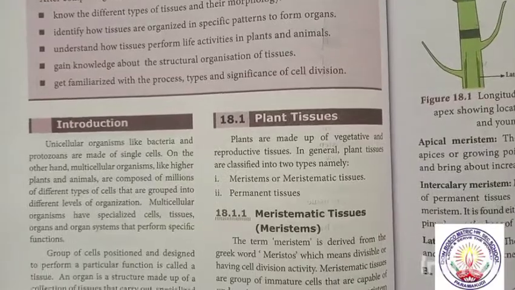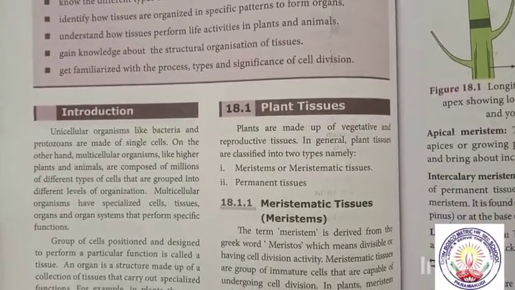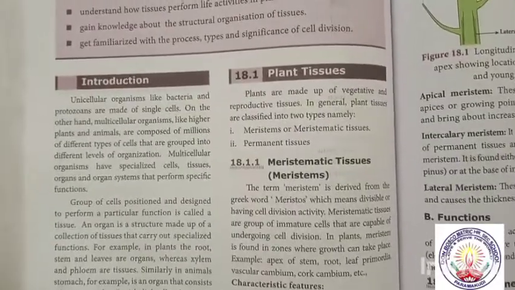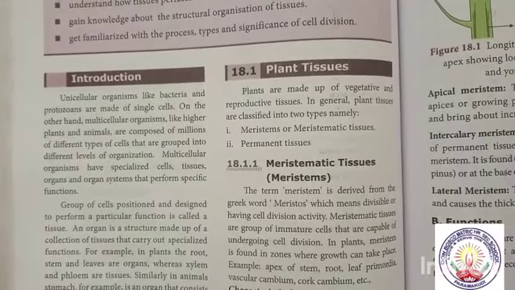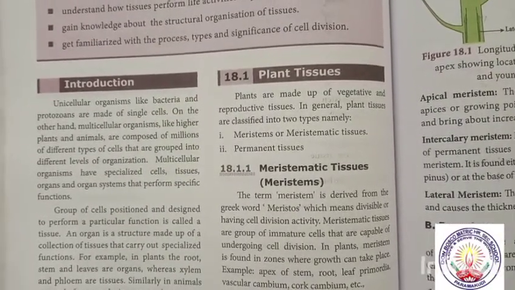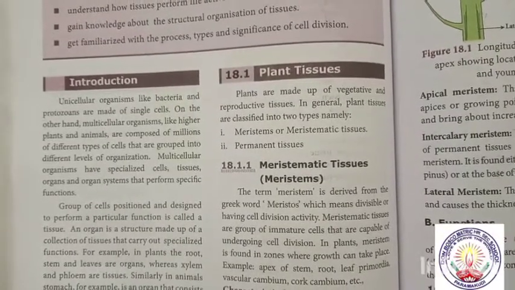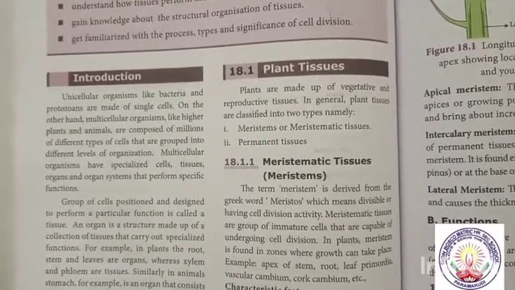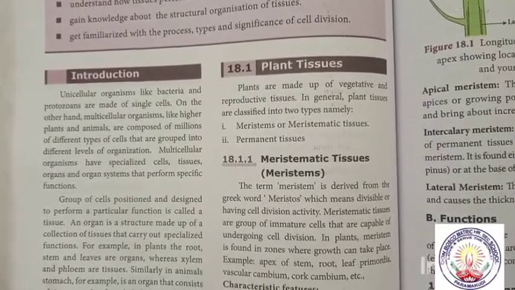First, we will discuss about the meristematic tissues or meristems. The term meristem is derived from the Greek word meristos, which means divisible or having cell division activity. Meristematic tissues are groups of immature cells that are capable of undergoing cell division.